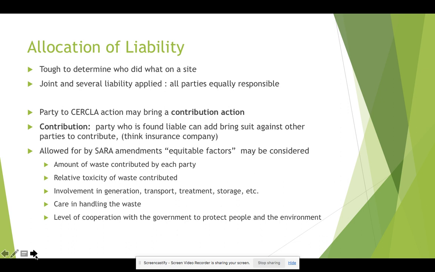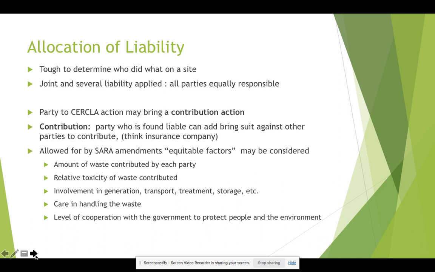It's kind of more familiar in, say, insurance cases. So if I am in an auto accident, my insurance company paid, they might bring a lawsuit against, say, the auto manufacturer to get their money back, because they think it wasn't really their insured's fault.